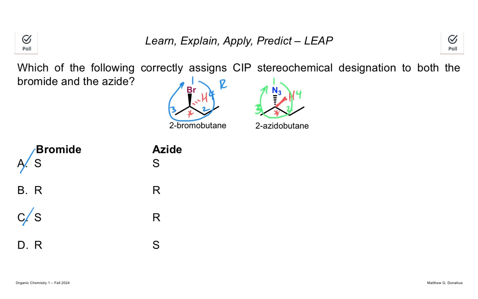So you're going clockwise, but since that H is towards you, we have to flip it, so that becomes S. And then we would end up with D as the correct answer. So we do see the R to S inversion, but again, you can't always assume that's going to happen.